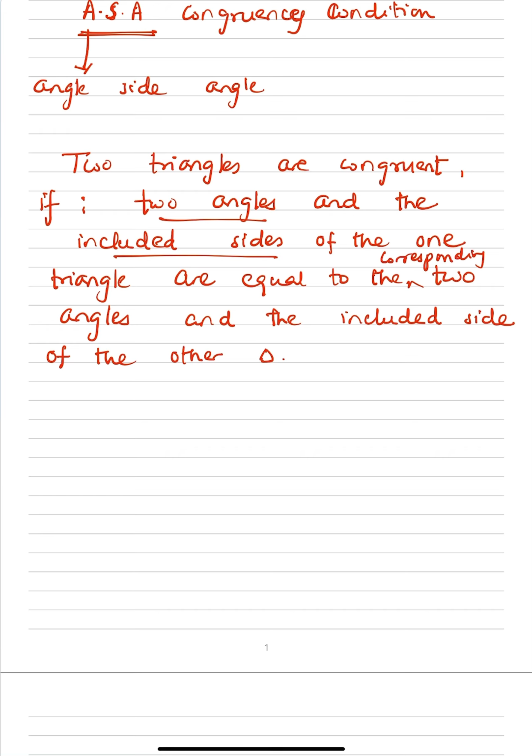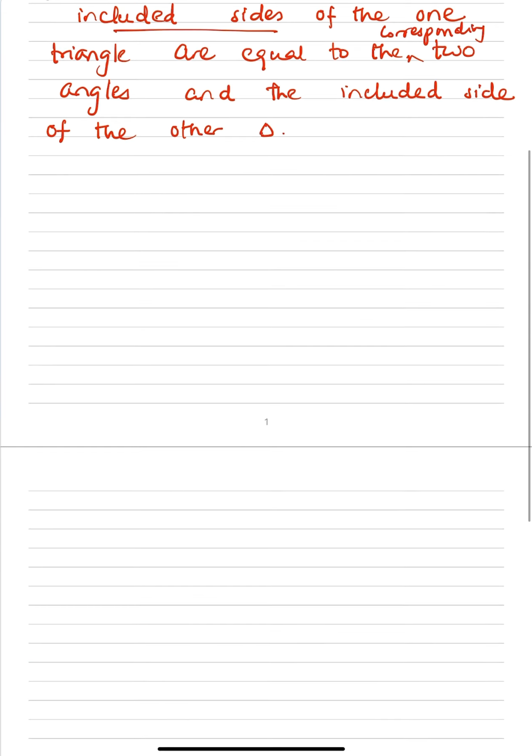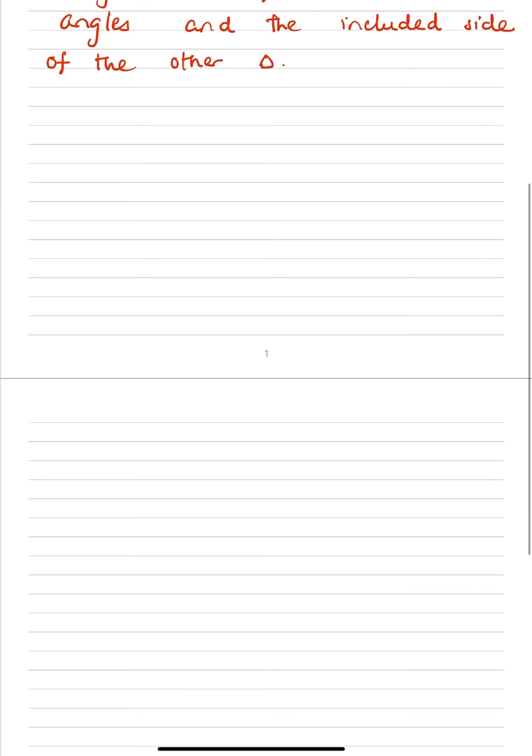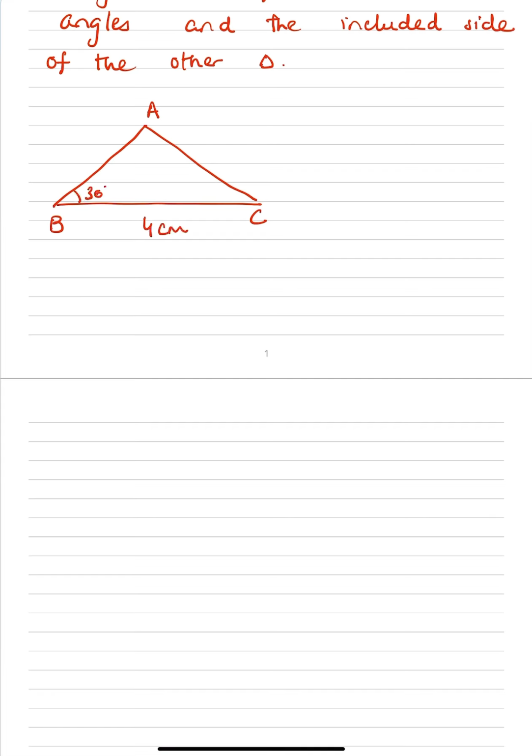Now, to understand this statement, this is a theorem, but it doesn't need a proof. It is not there in your syllabus. But let us take an example. Suppose we construct a triangle ABC. Here I would like to take BC as 4 centimeters, angle B should be 30 degrees, and angle C is 50 degrees.